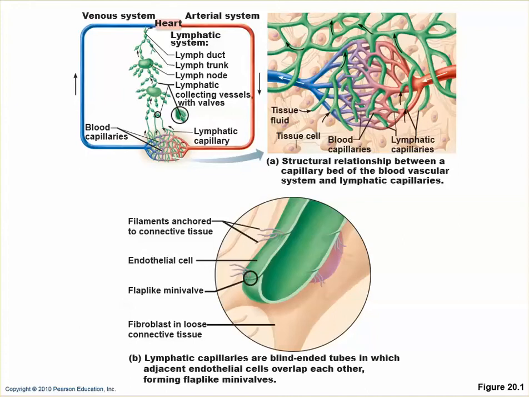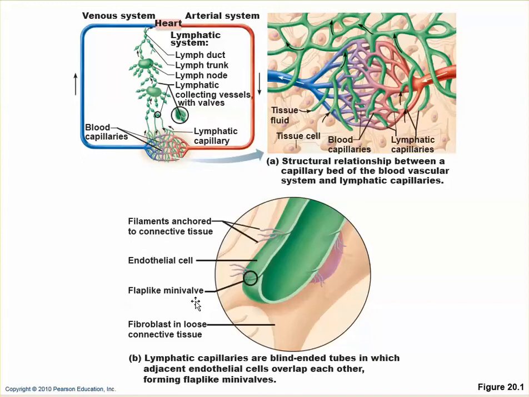You'll notice that each cell overlaps one another right here, and here, and they will lift up and form flaps, so that they become very, very permeable when the flaps are open. They act as valves, basically.